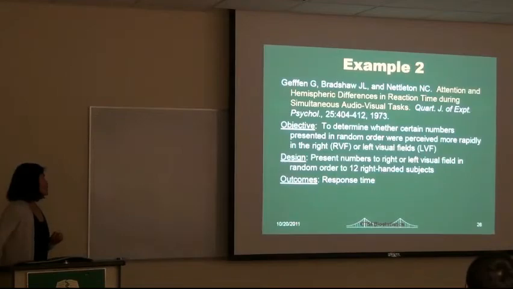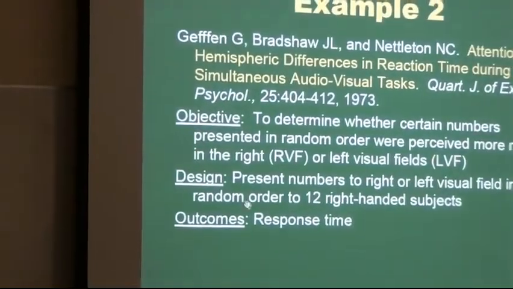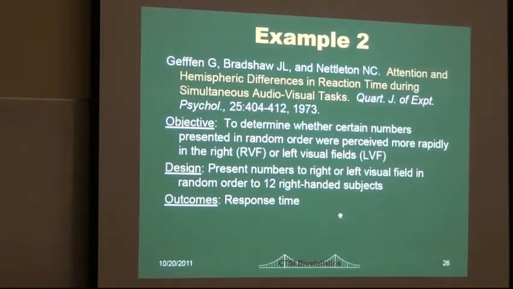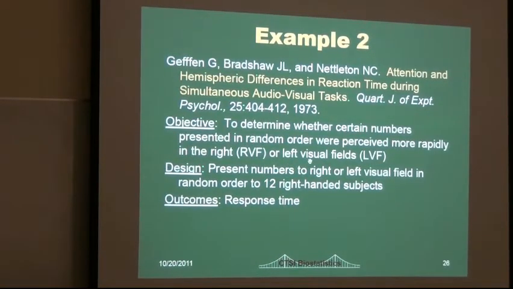So for the second example, I want to look at the data published by Geffen, and it was published in the Quarterly Journal of Experimental Psychology. The objective of the study is to determine whether certain numbers presented in random order will be processed more rapidly in the right or the left visual field. So in this example, they collected 12 right-handed subjects.